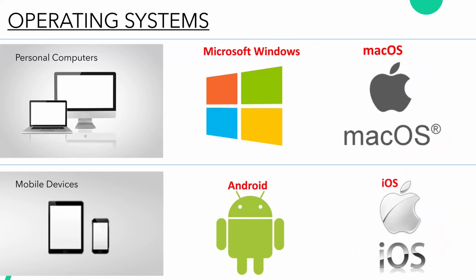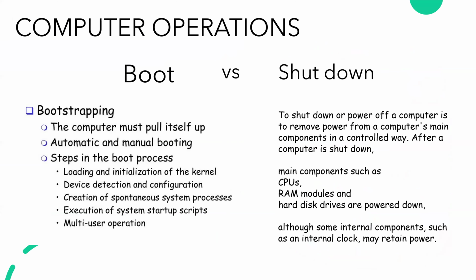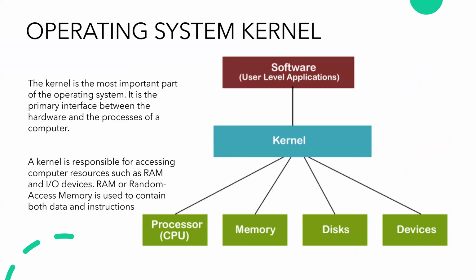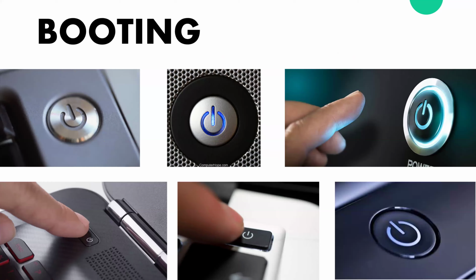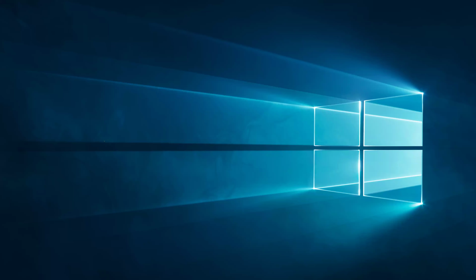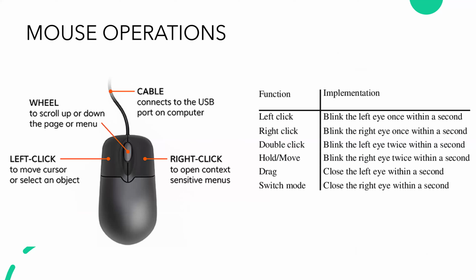We are going to be looking at operating systems, boot operations, what is the kernel. We are going to look at the processes that happen in booting. We are going to probably use Windows more. I can't teach Windows and Mac and Linux, so you have to take a standard.